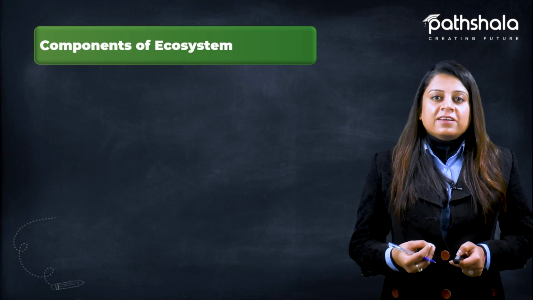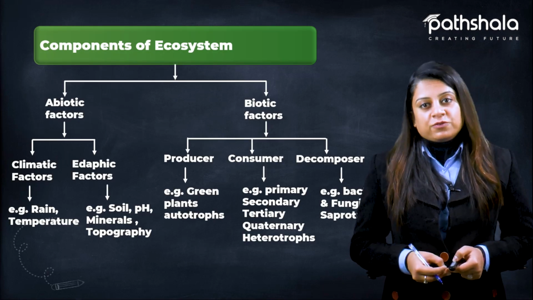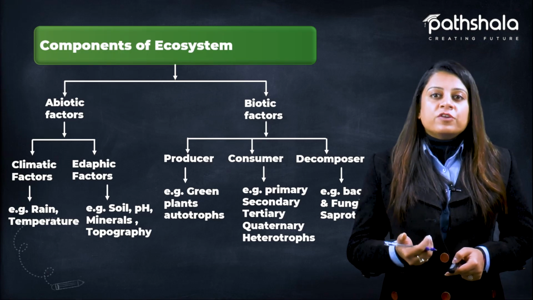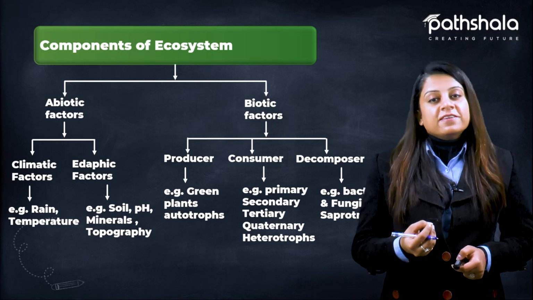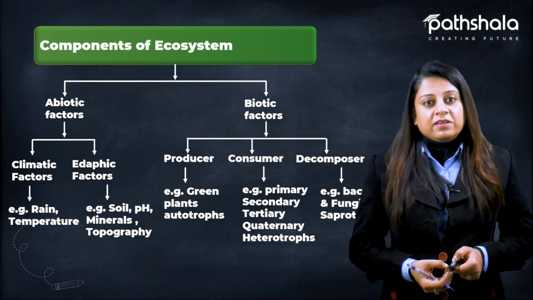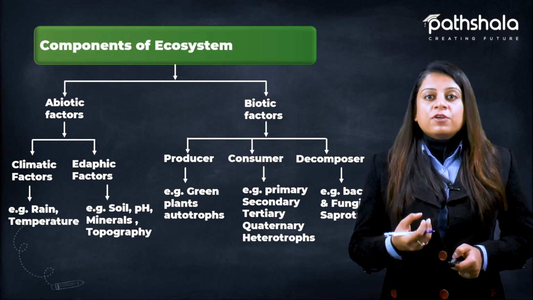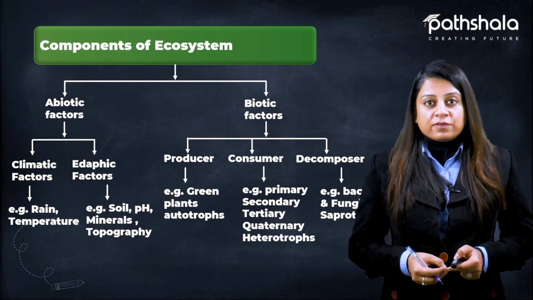Further, let us study a little more about the components of ecosystem. I have already told you that there are two major components of ecosystem. One is the abiotic component and second is the biotic component. The abiotic components, as I told you, are the non-living components and the biotic components are the living components.